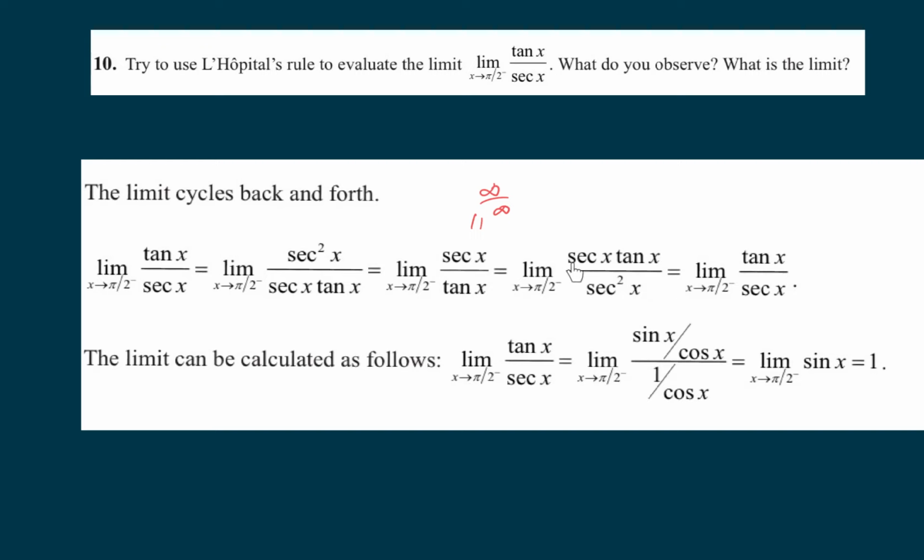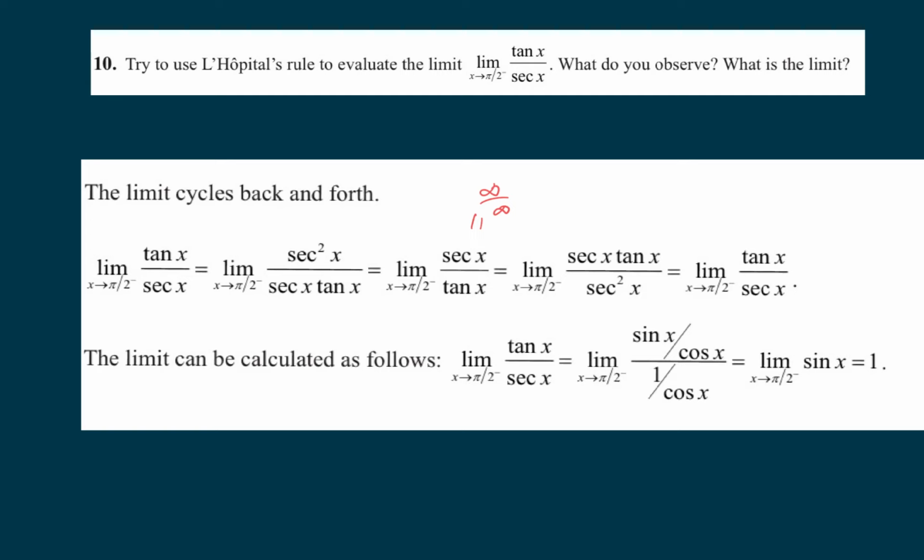You cancel, and it will go to tangent x divided by secant x. Oh, but I start where I have ended. I have ended where I started. So if I keep going, I will never end the loop.